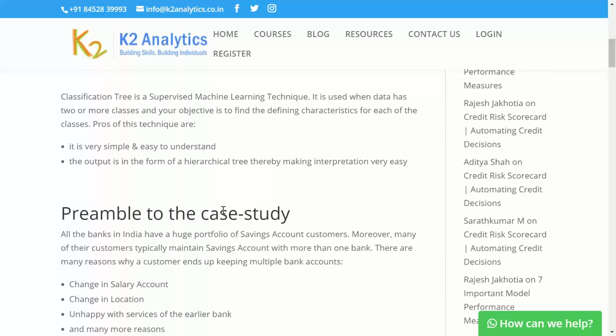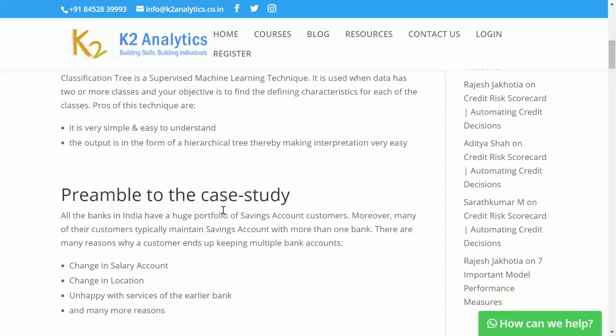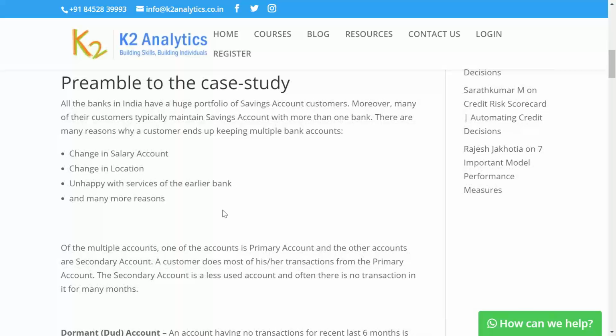Now I'm going to walk you through a case study where we can use a classification technique. The preamble to this case study is there are many banks in India, and if you go to any bank, the largest portfolio, the biggest portfolio of any bank is the savings account portfolio. The reason is very obvious. All of us, as banking customers, require a savings, a deposit account.